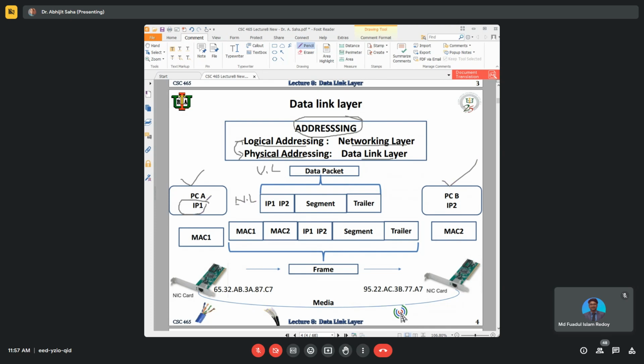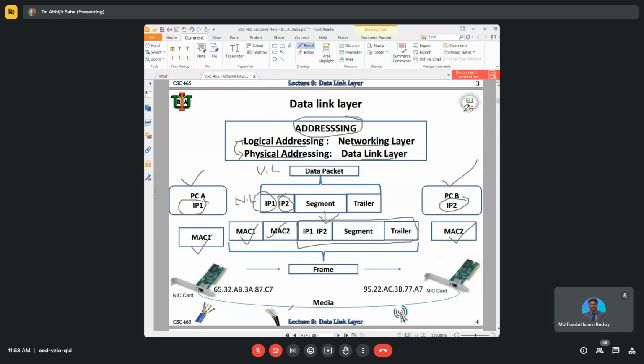The IP address of node A and the IP address of node B are added to the data packet received from the transport layer, and that is sent to the data link layer. You can see here this is the data you have received from the top. With that, it adds the MAC address of PCA and the MAC address of PCB. This is added here, and then the frame is sent from one device to another device.